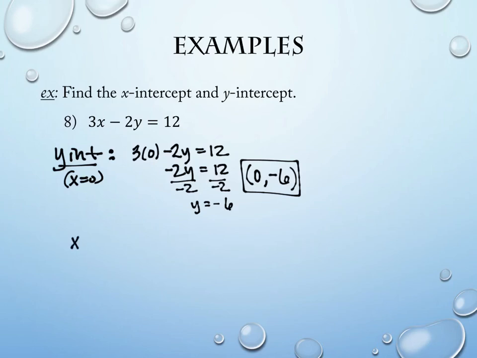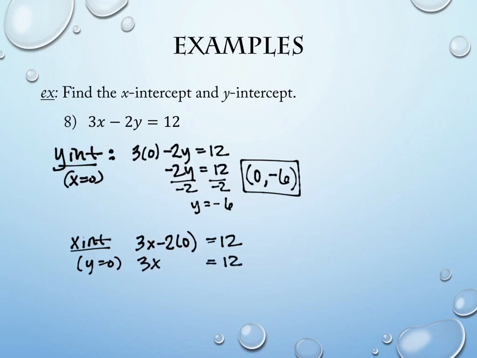You can do these in either order. I just picked one. My x-intercept then is when y is equal to 0. So I have 3 times x minus 2 times 0 equals 12. 2 times 0 is 0, so now I have 3x equals 12. And what would I do?